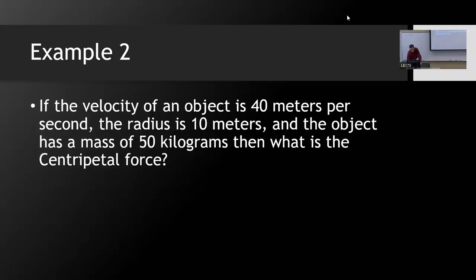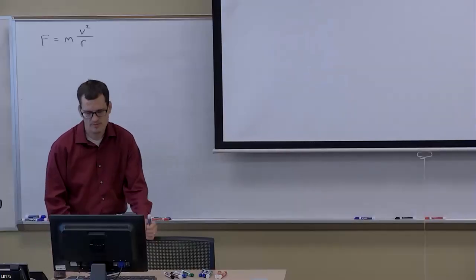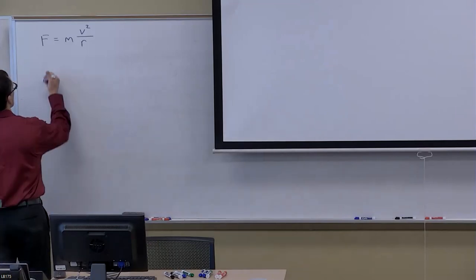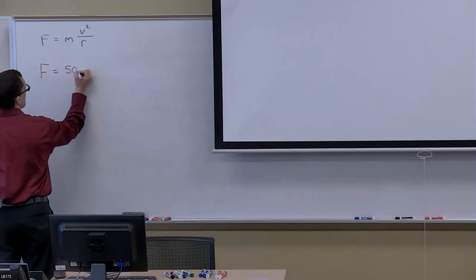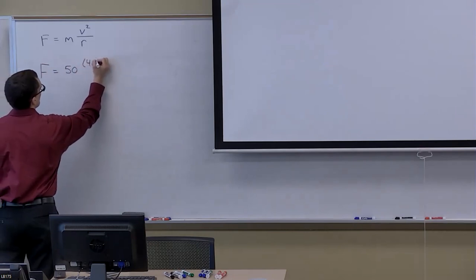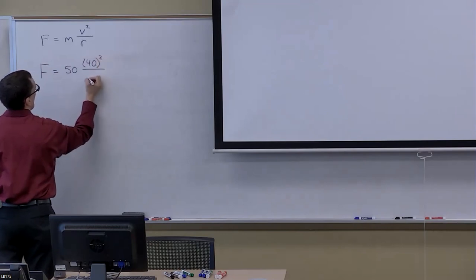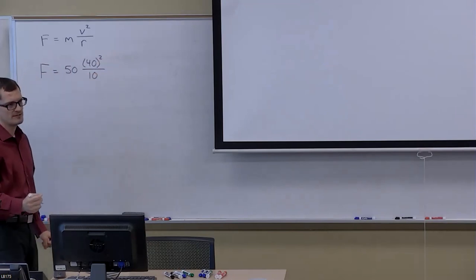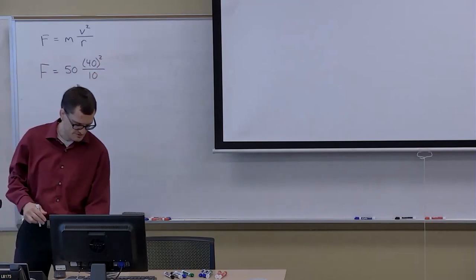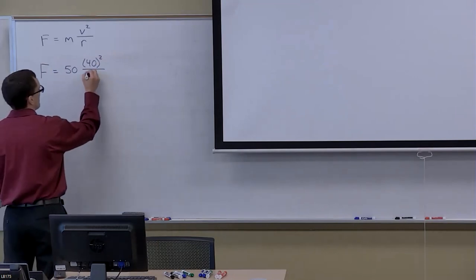All right. So mass was 50 kilograms. Velocity was 40 meters per second. And the radius was 10 meters. So we just typed that in: 50 times 40 squared divided by 10.